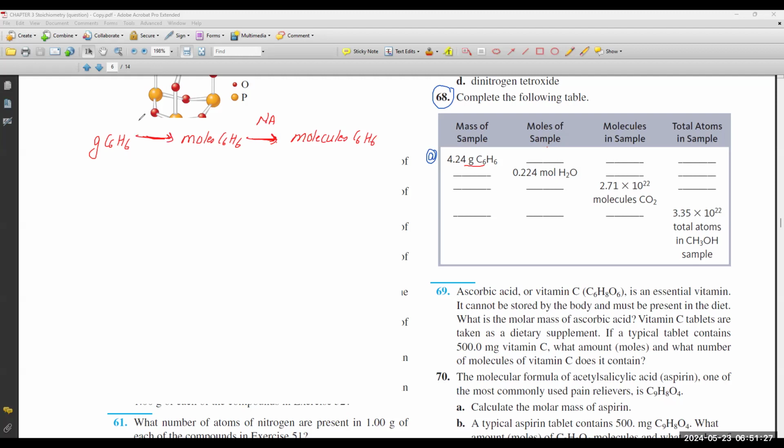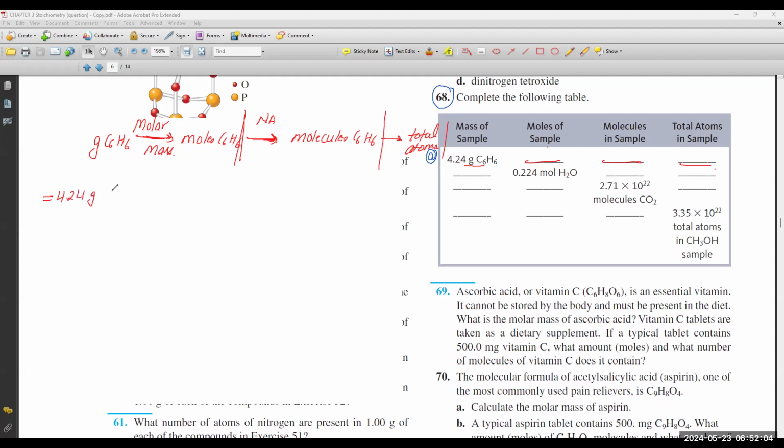This by using molar mass, the way Akash is saying. Then from molecules of C6H6, you're going to go for total atoms. Now, on every step, you stop here, plug in here, then you stop here, plug in here, and then you stop here, plug in here. Okay, ready? So let's start.